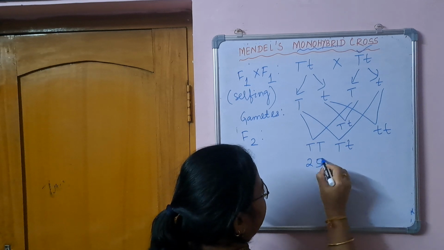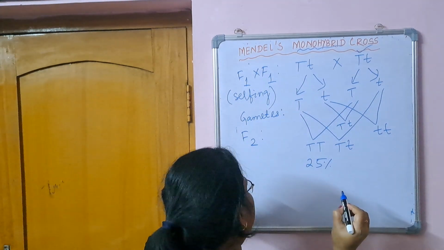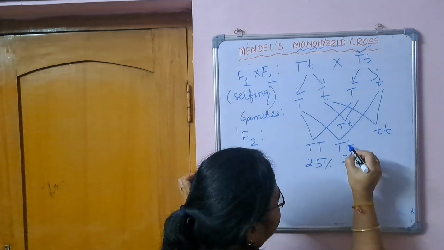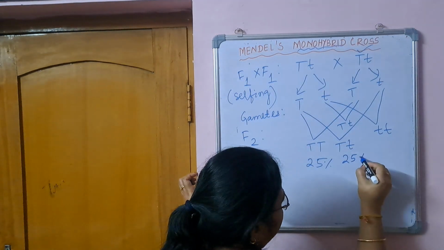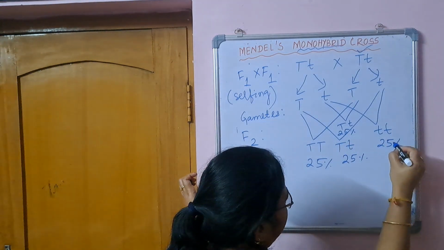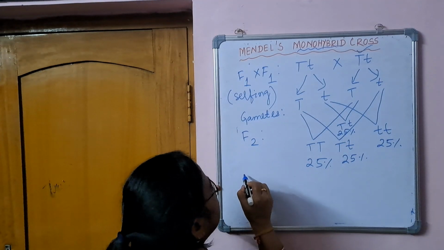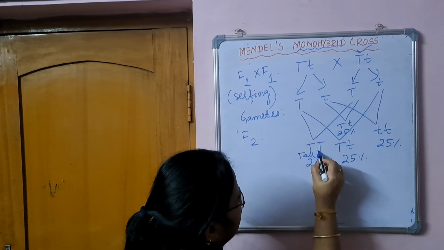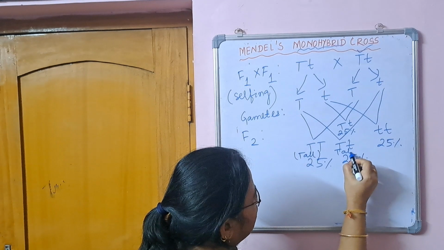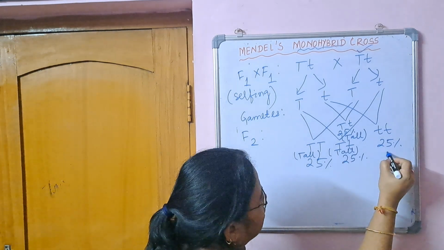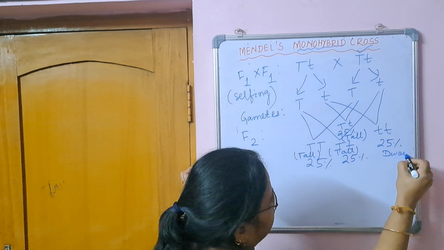Now 25% will be capital T capital T. Two of these combinations are coming. Now we have got this tall, this one also tall, this again tall, and this combination is dwarf.